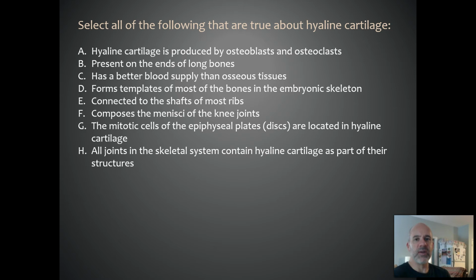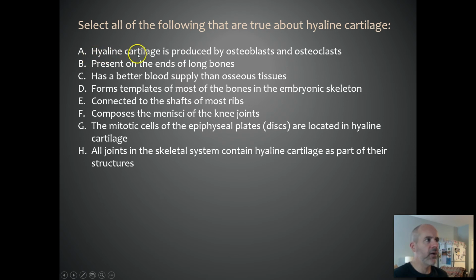So you have to get used to answering these. When you have a question like this, what you want to do is just go down the list and treat each of those answers like a true-false. And if it's true, then you pick it. All right, so select all of the following that are true about hyaline cartilage.